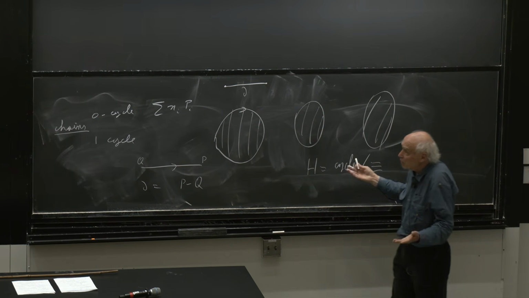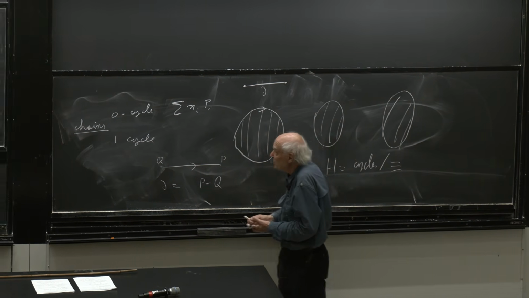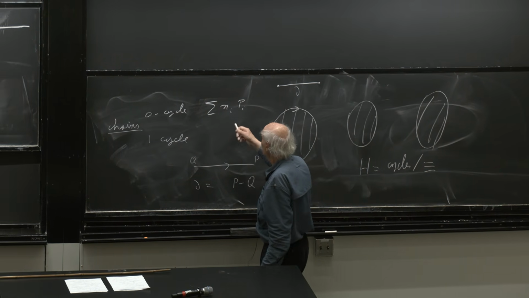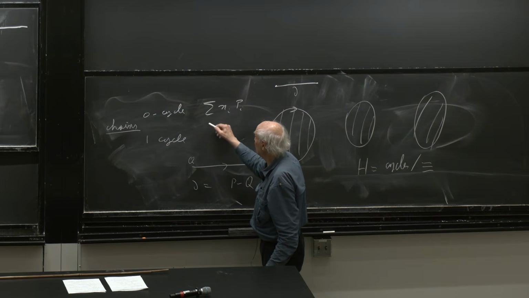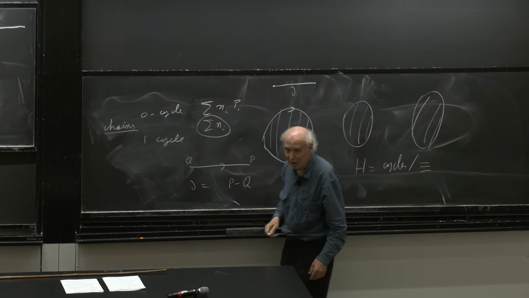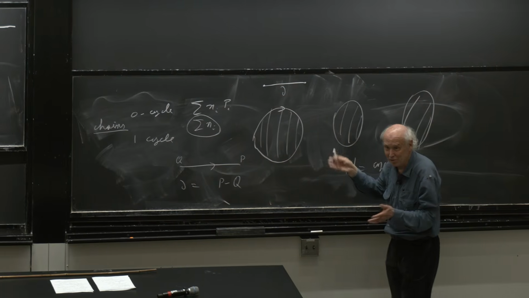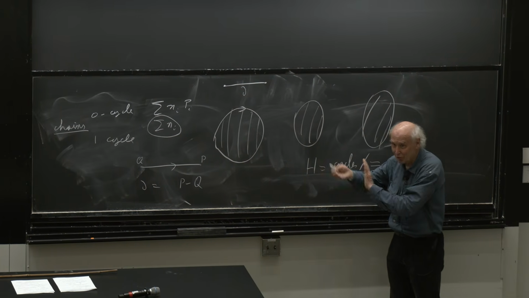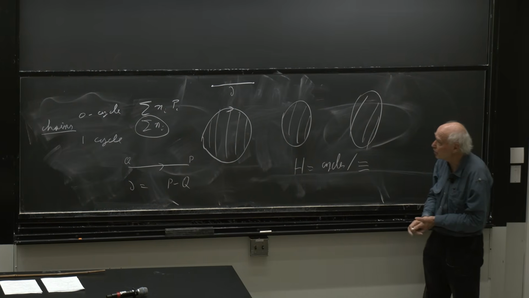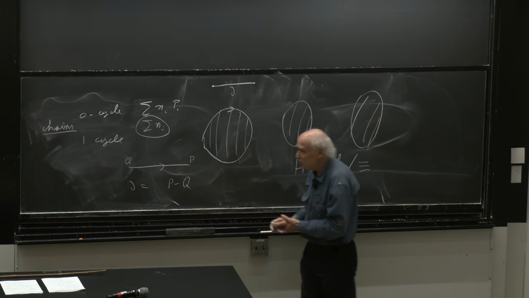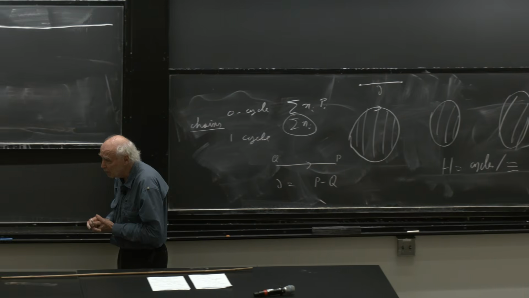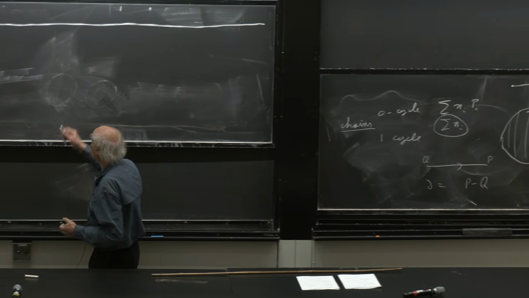And in 3 space or 2 space, it's not very interesting. For a 0 cycle, the class of the 0 cycle depends only on the sum of the n_i, and all the rest is 0. Every 1 cycle is the boundary of something, every 2 cycle is the boundary of something. But if you look at more interesting shapes, then that's not the case.